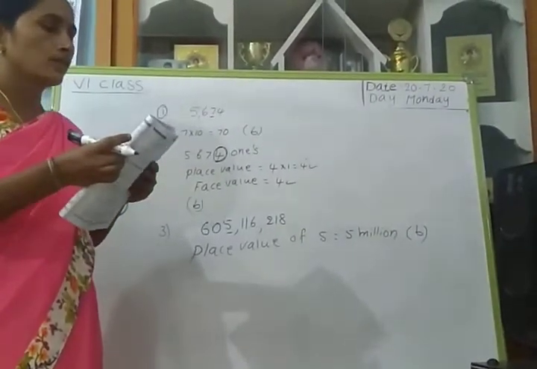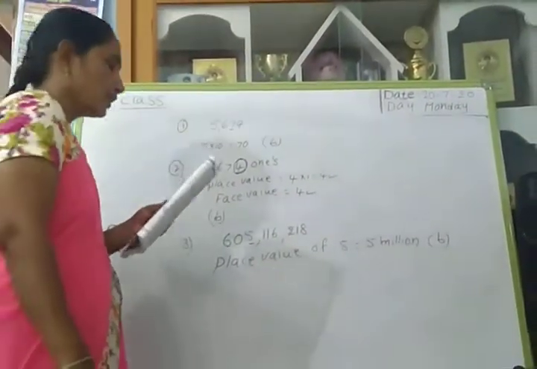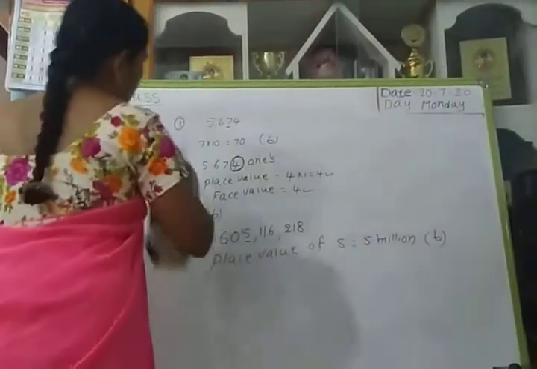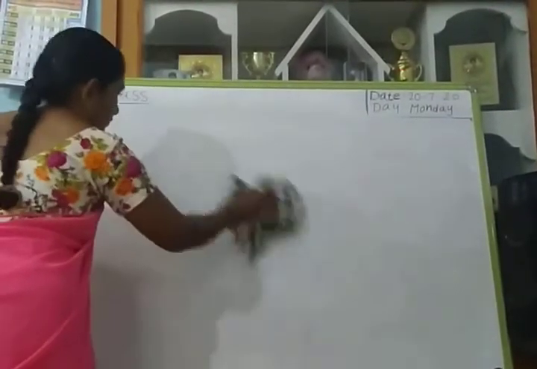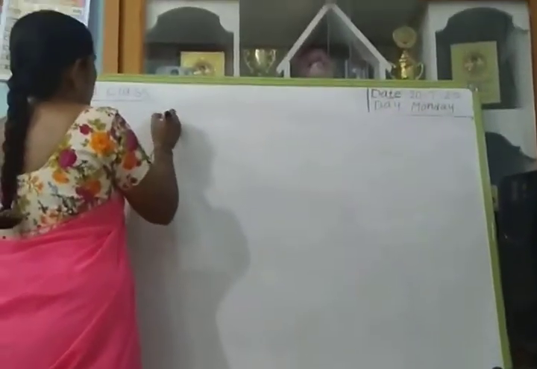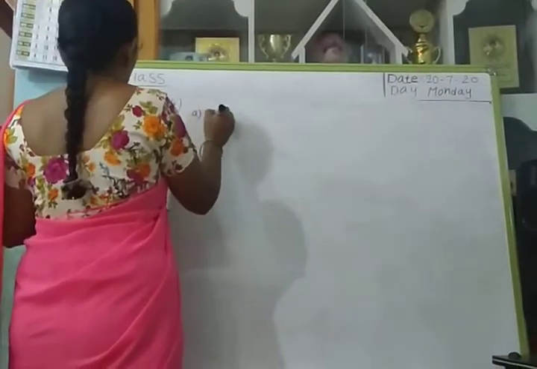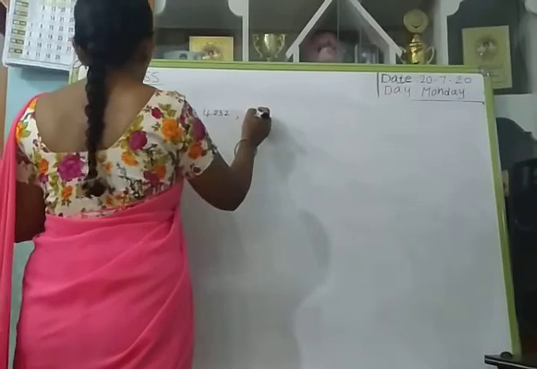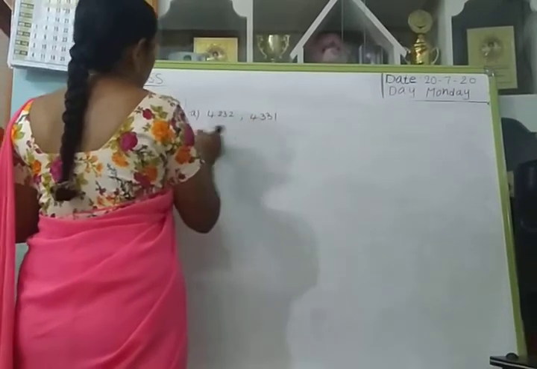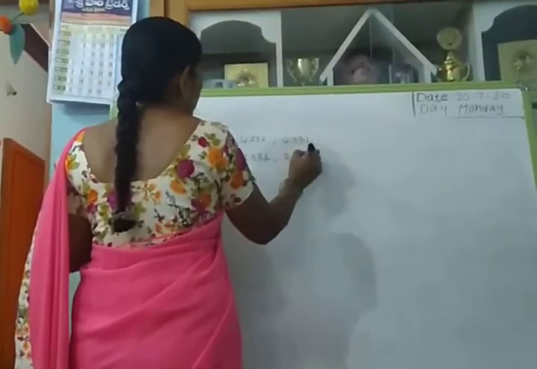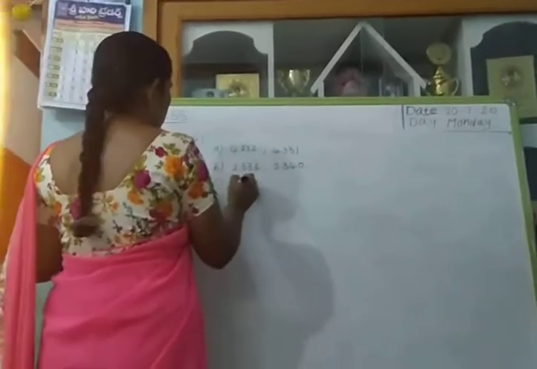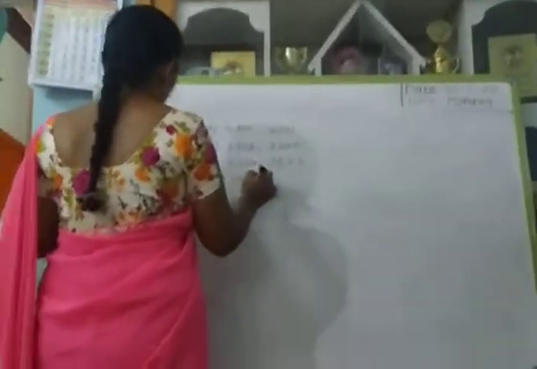Next, fourth one: which pair has the same digit at hundreds place? The options are: 4,232 and 4,331, option B; 2,334 and 2,340, option C; 6,524 and 7,823, option D; 5,432.